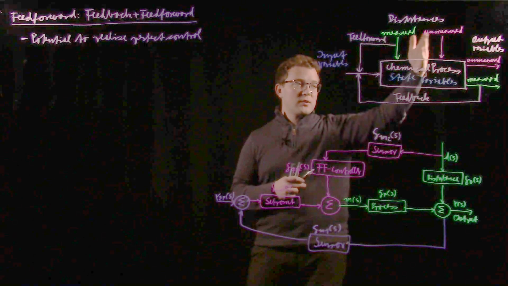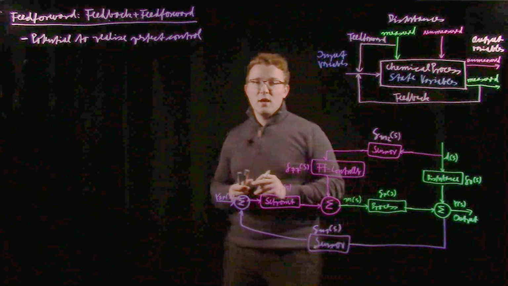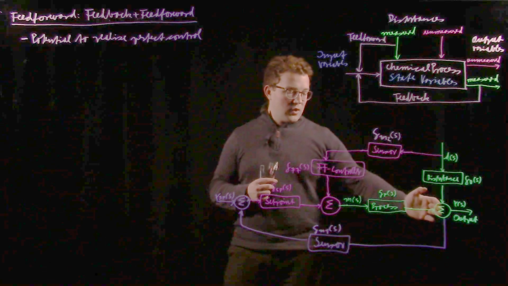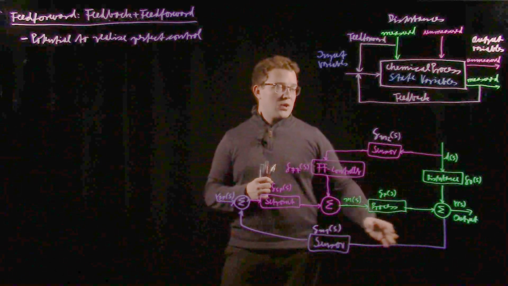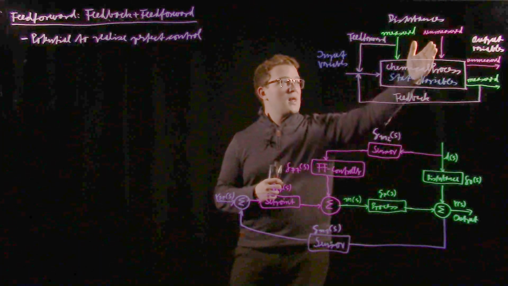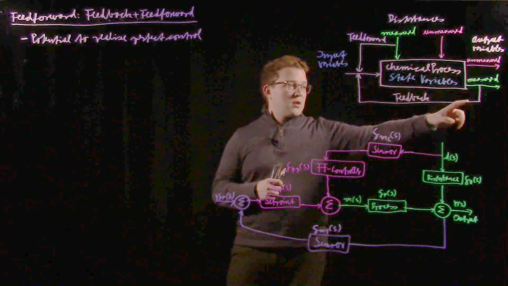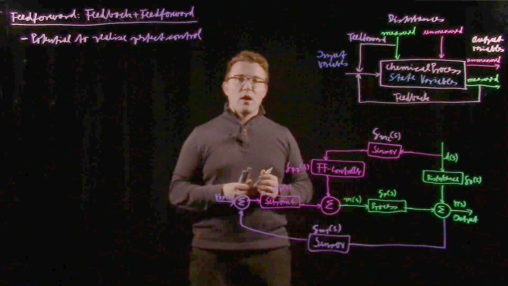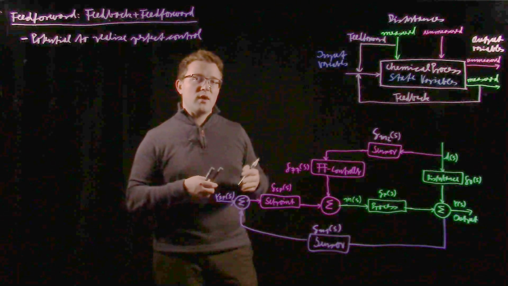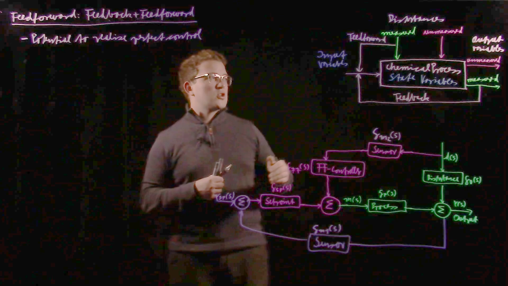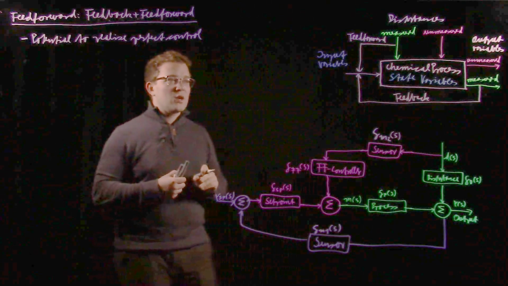So all the unmeasured disturbances are disturbances we have to deal with in our feedback part, because these unmeasured disturbances will upset our output variables. But then we have to deal with them in the feedback, and so therefore maybe our control will not be as perfect as it would be if we could measure all the disturbances.